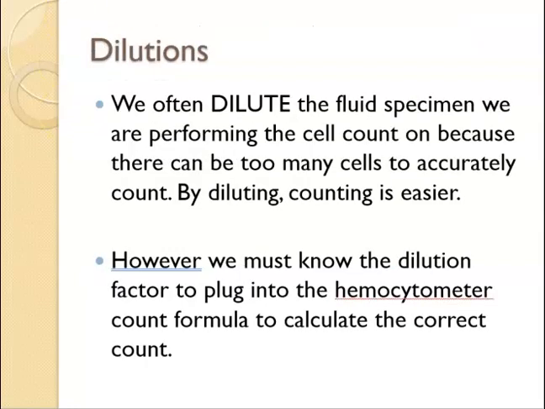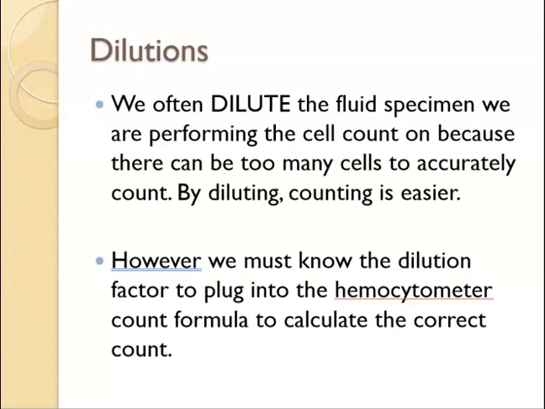So why do you think we would need to do a dilution in a specimen when we're performing a cell count? We often need to do a dilution because the cells may be so numerous and clumped so closely together that we can't count them accurately unless we dilute them down until we can see the individual cells.